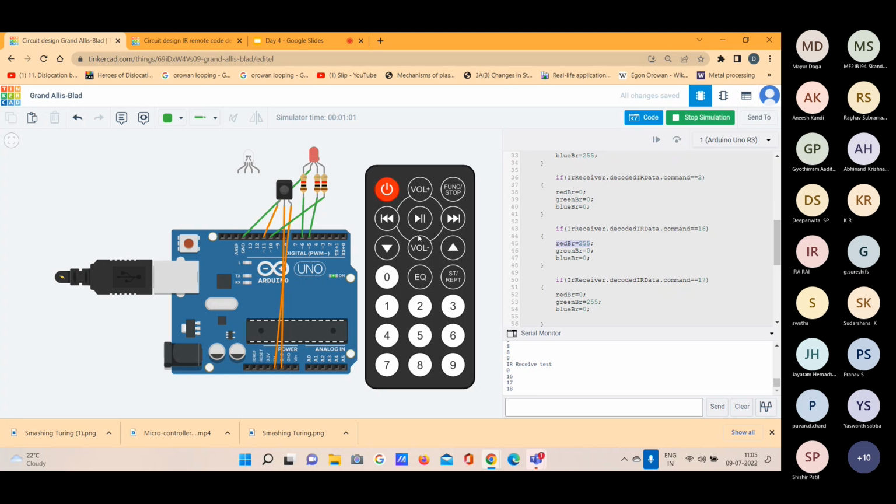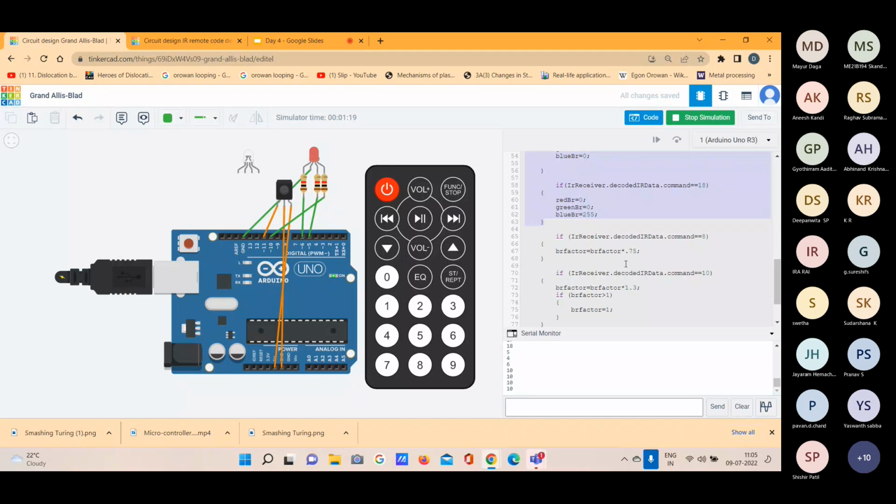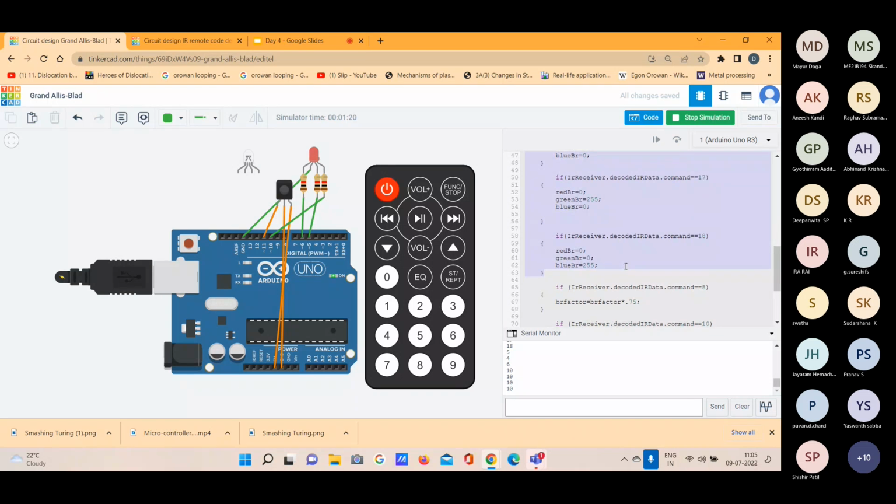Every button has a code. When I press this, it has 5; when I press this, it has 4; this has 6; this has 10. These three if statements are respectively for the red, green, and blue colors.